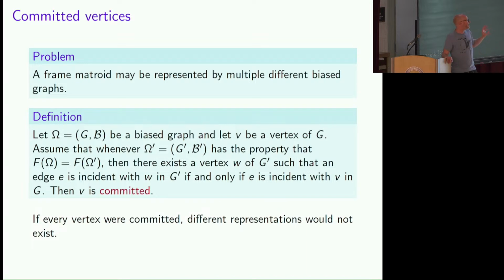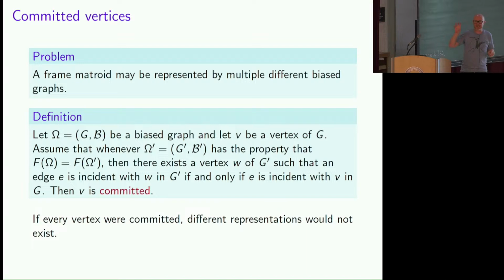Now imagine that no matter which biased graph I move to, if it's representing the same matroid, then the set of edges incident with V in omega is incident with some vertex in omega prime, no matter what omega prime is, if it's representing the same frame matroid. So that means that the vertex star at V, the set of edges incident with V, always looks like a vertex, no matter which representation I move to. That's what I mean when I say that the vertex is committed. It is committed to being a vertex. Not every vertex is committed.